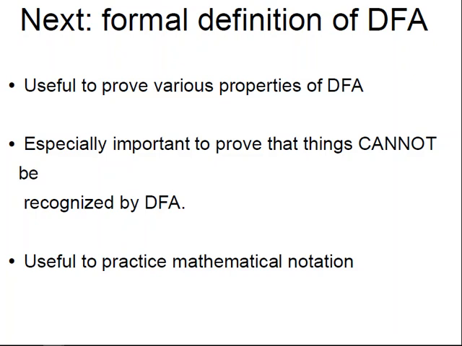To show you a DFA, I can just draw a picture, and that might be enough. But if I want to prove to you that something cannot be recognized by a DFA, that there is no DFA for it, then I want to be really, really precise about what I mean by DFA. Because how am I going to convey that with a picture? You can't. Then you need a formal definition, and that's what we're going to do next.